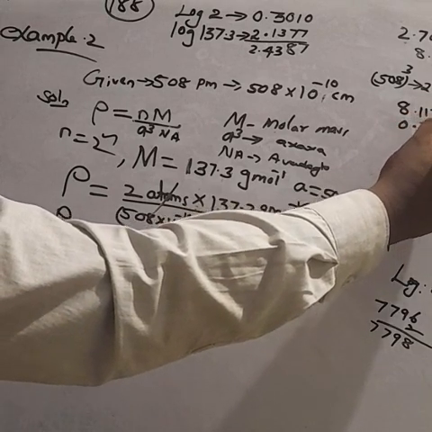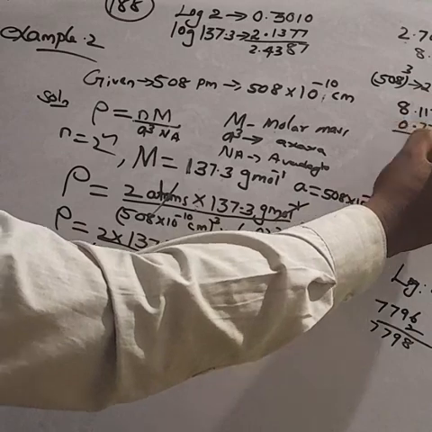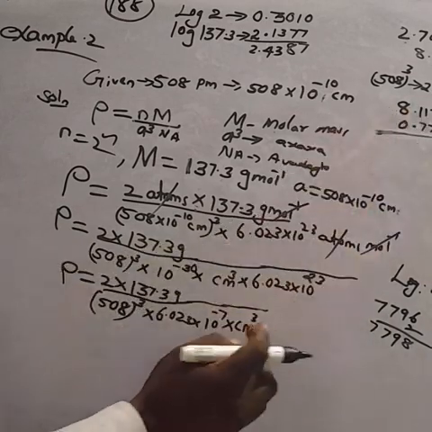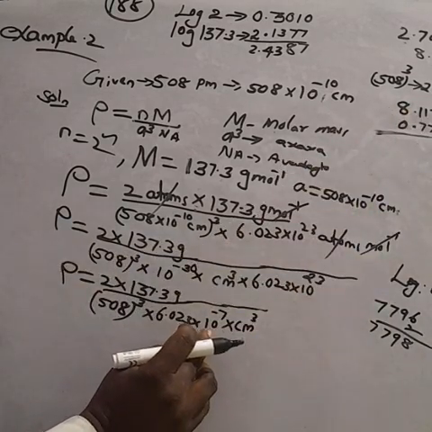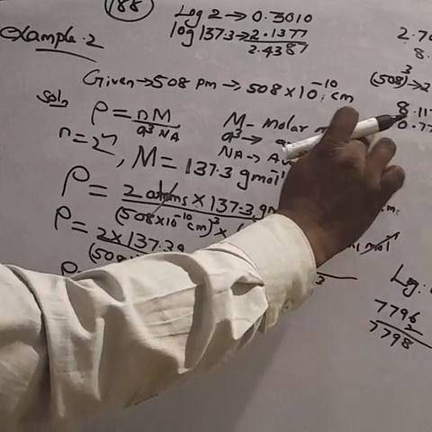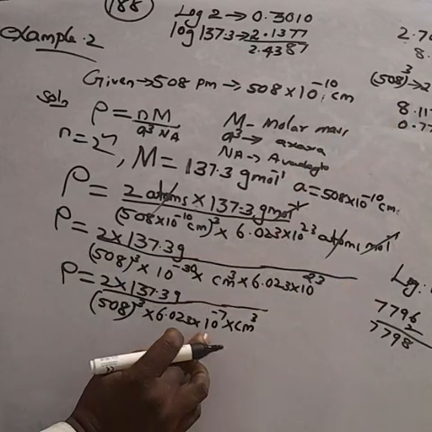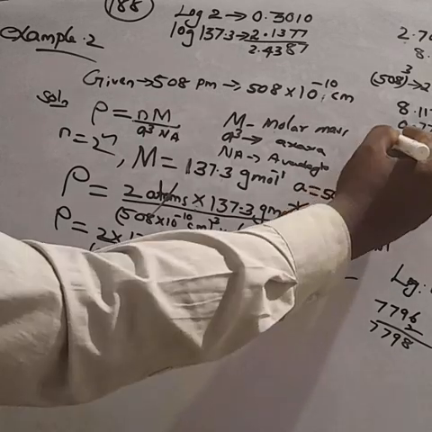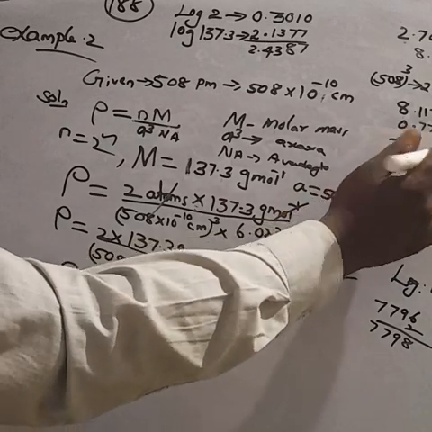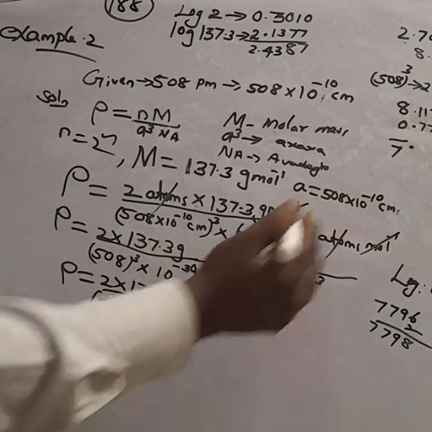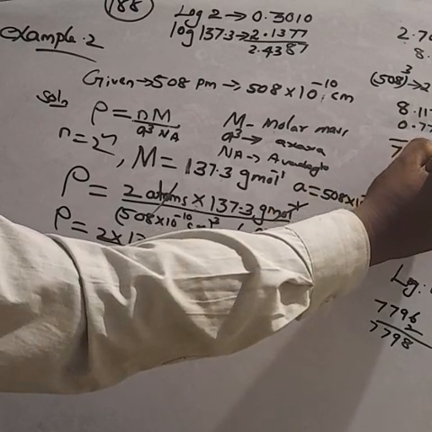7798. Next about the log of 10 raised to minus 7. Log 10 raised to minus 7 becomes, minus 7 means we have to write bar 7. Bar 7 means negative 7. 0, 0, 0, 0. Just I am going to add this one.